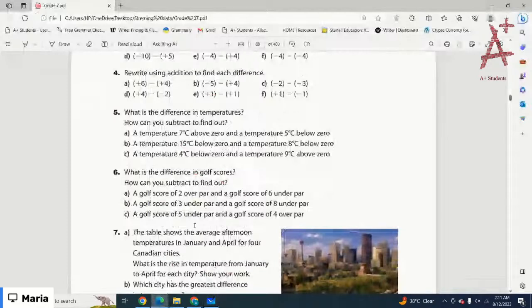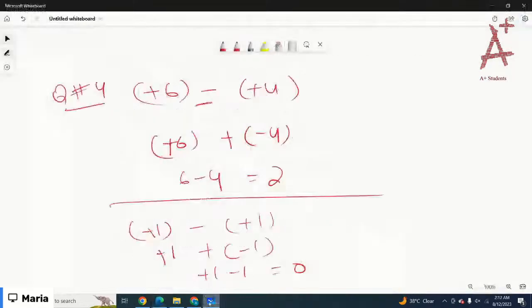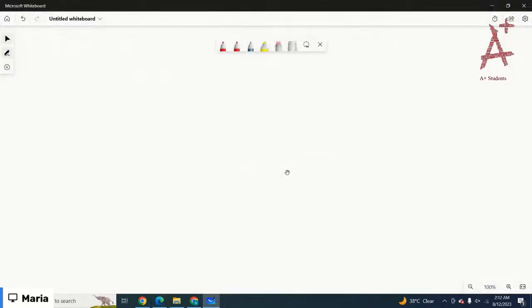So the first one is a temperature 7 degrees above 0. Above 0 is positive, right? And below 0 is negative. So you have to write it to find the subtraction. Okay, so above 0 is positive 7, right?